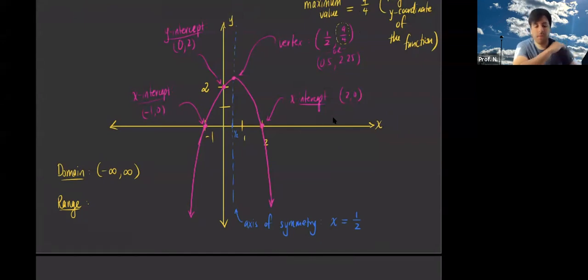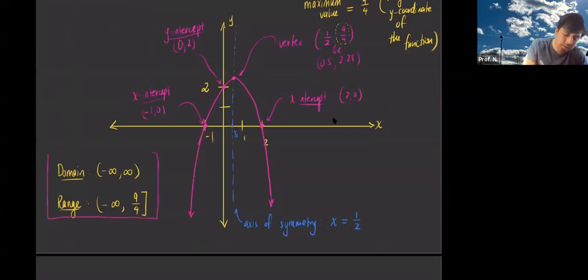Negative infinity to 9/4. Very good. That's right. So it's going to be negative infinity to positive 9/4, and we're including it. Now, why is that? Well, remember, the range includes all the y values.